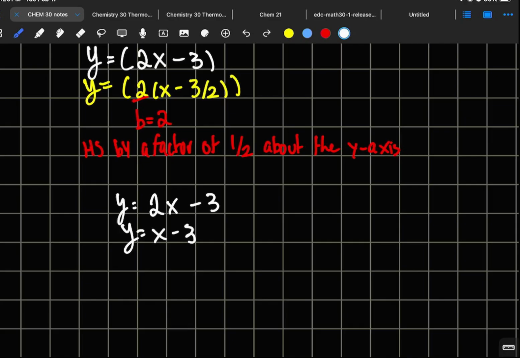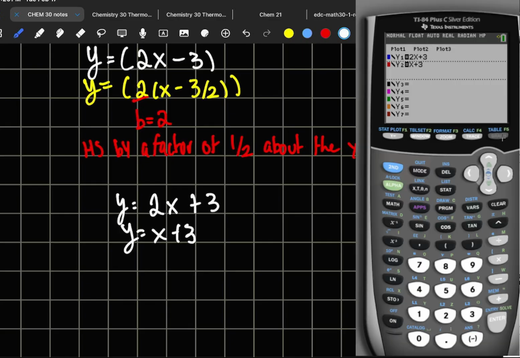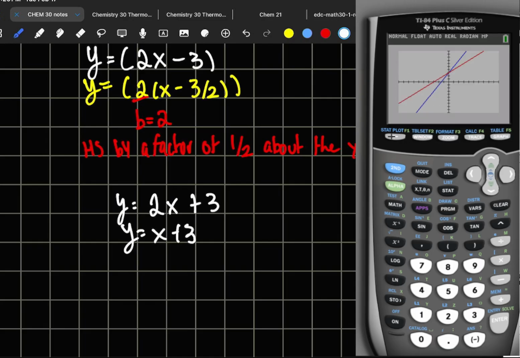And you're going to compare this to x plus 3. So we now see that the graph of 2x plus 3 is a lot more steep than this graph of x plus 3. A general rule for the stretch values is when it's a whole number, it's going to get more steep, and when it's a fraction, it's going to get more wide.